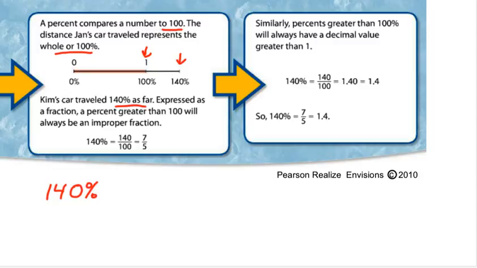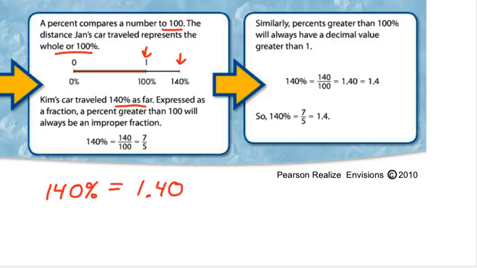Basically all we did was we took our 140% and thought of it as a decimal. If you move your percent symbol over two places, you end up with 1 and 40 hundredths.